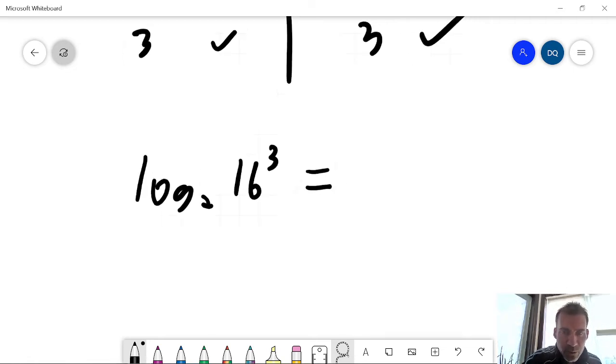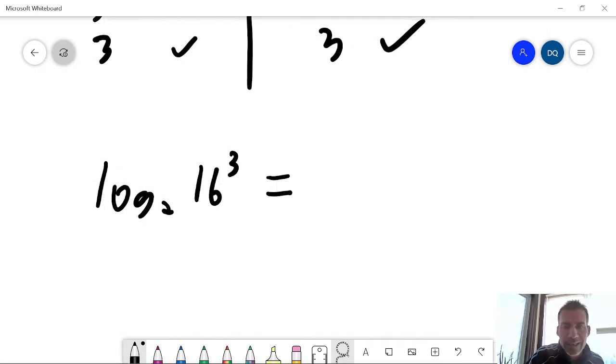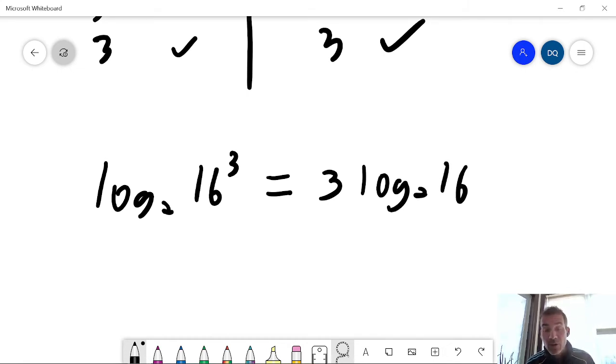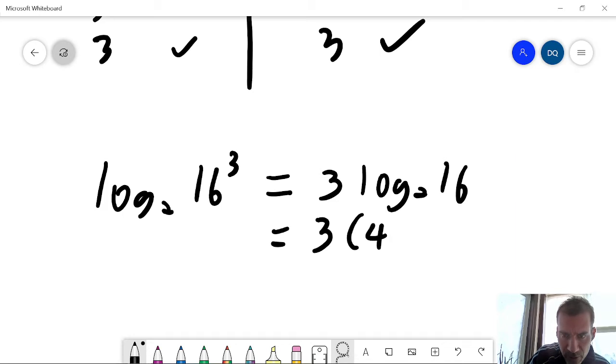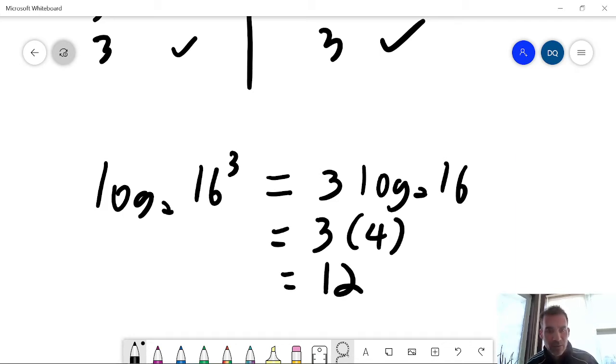However, if we use this rule, you can bring the 3 down. So you've got 3 times the base 2 log of 16. The base 2 log of 16 is 2, 4, 8, 16. It's 4. So I've got 3 times 4. So this is simply equal to 12.